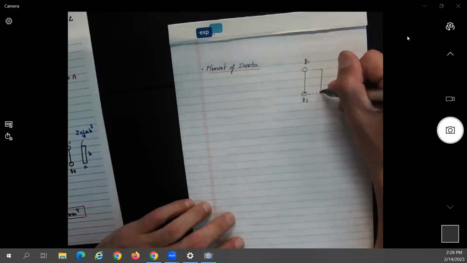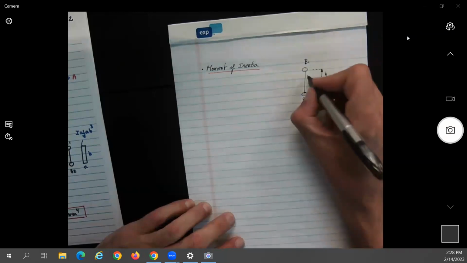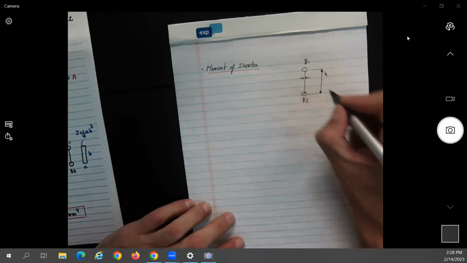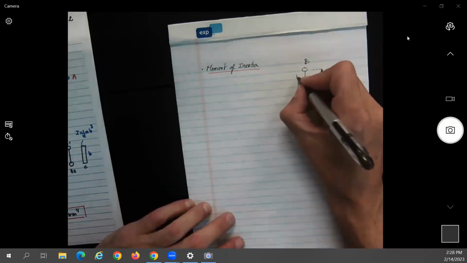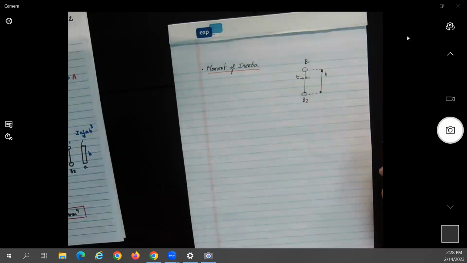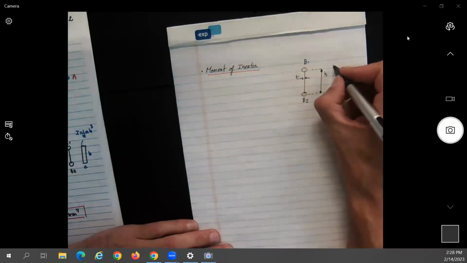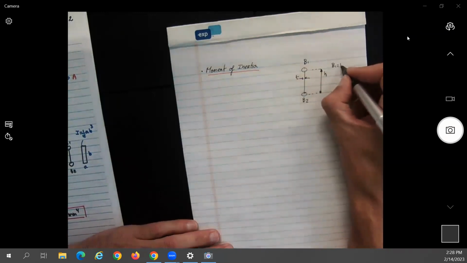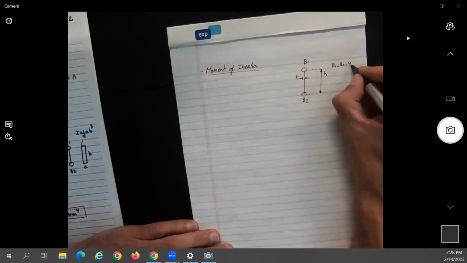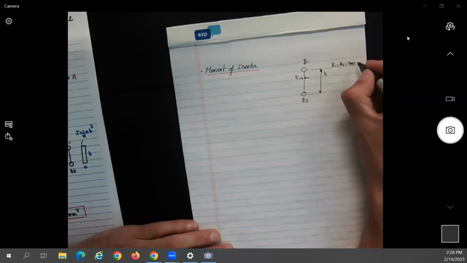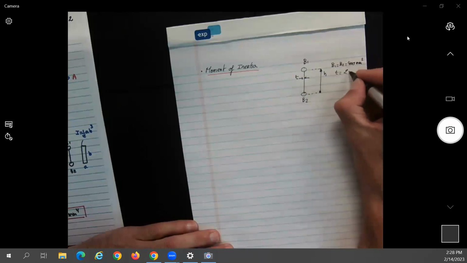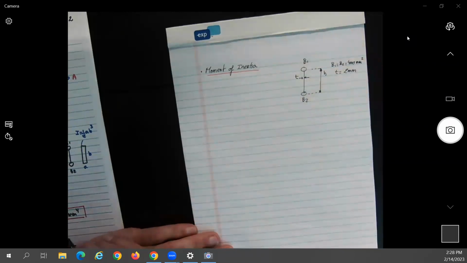Let's say this is H, and this is T over here. From the previous page, we know that B1 equals B2 equals 400 millimeters squared, and that T was equal to 2 millimeters. It might just be easier to work in millimeters.